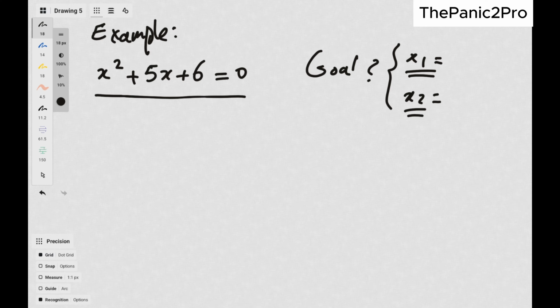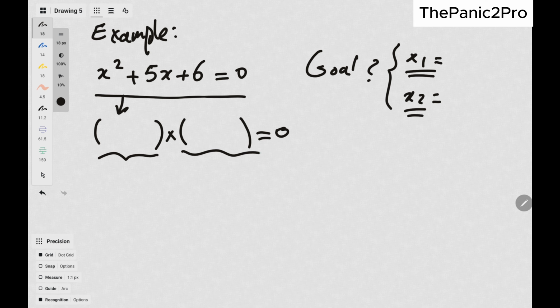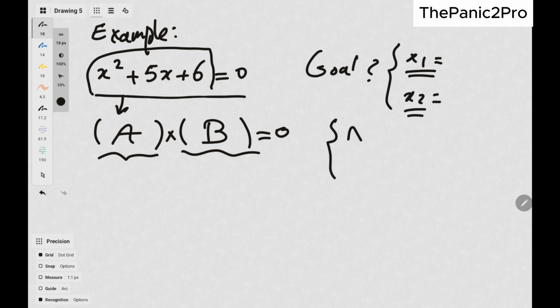It's called factoring. Factoring is telling me if I can convert this into something like this multiplied by this equals 0, right? If I have two terms, let's call them a and b, I can tell either a is 0 or b is 0. Why?